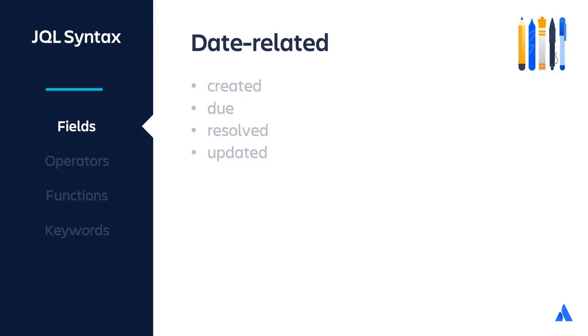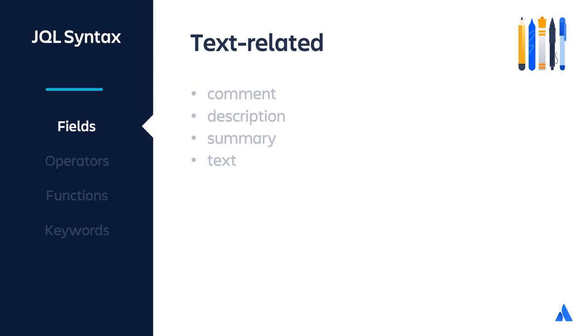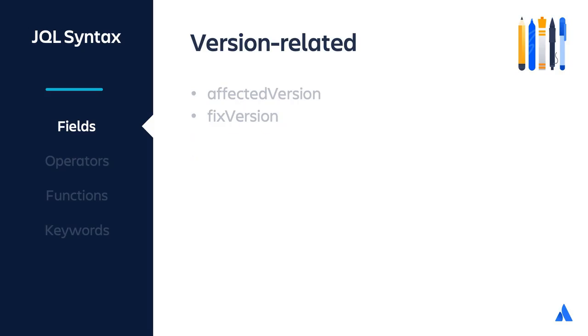Date-related fields: created, due, resolved, updated. Examples of text-related fields: comment, description, summary, and text. Examples of version-related fields: affected version and fix version.